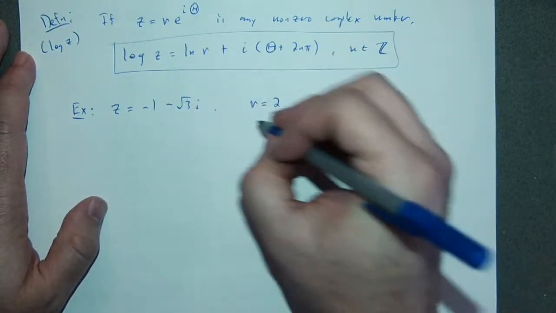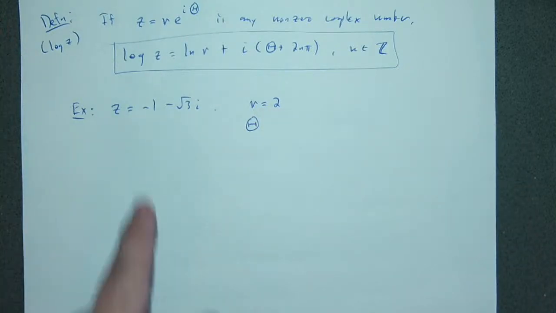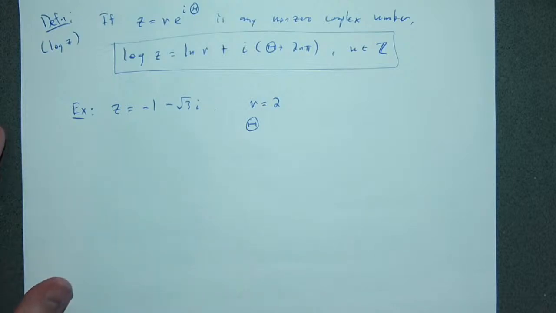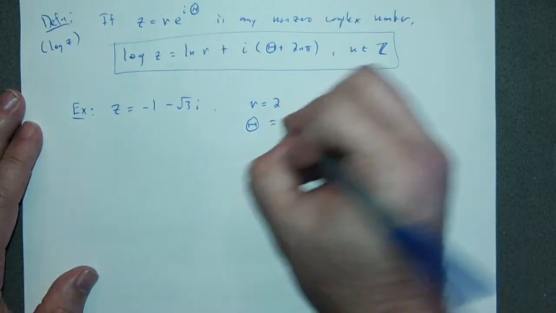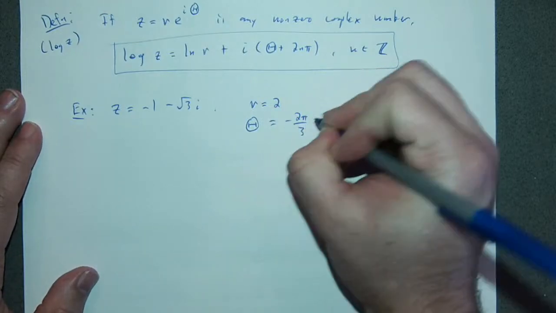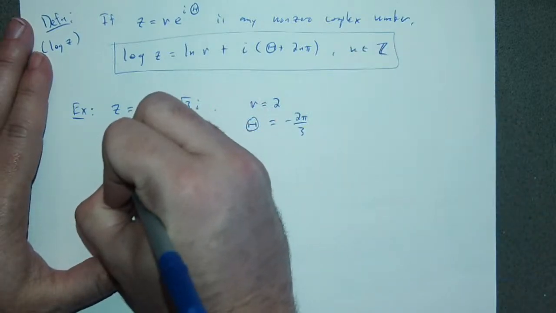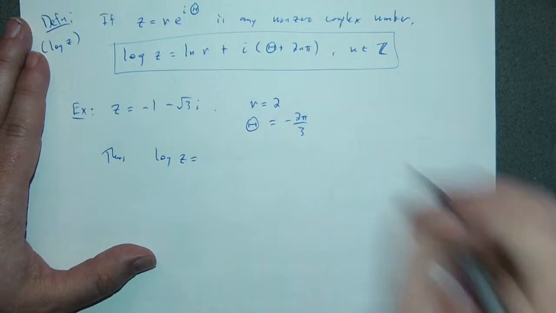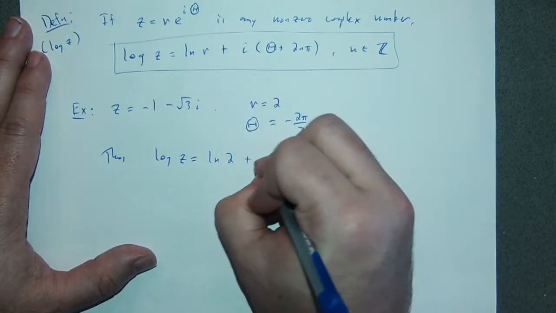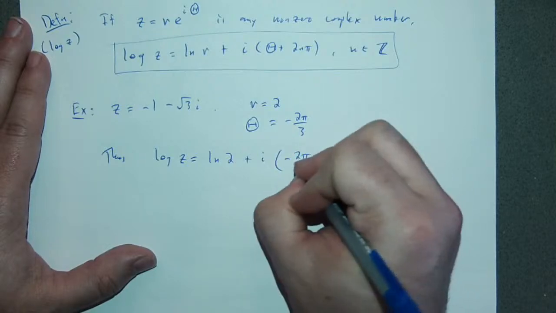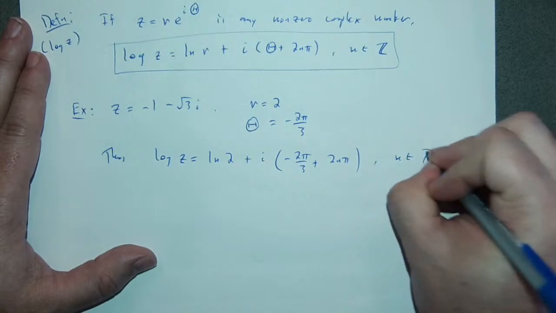And big theta is equal to, let's think, minus 1 minus root 3, so this is in the third quadrant. So the principal value here that I'm going to take is minus 2 pi over 3. Thus log z is natural log of 2 plus i times minus 2 pi over 3 plus 2n pi, and n is an integer.